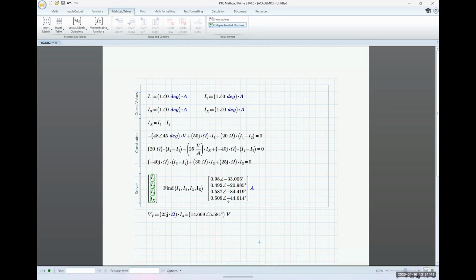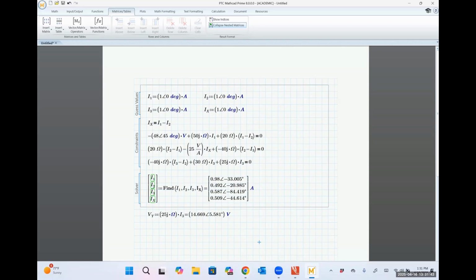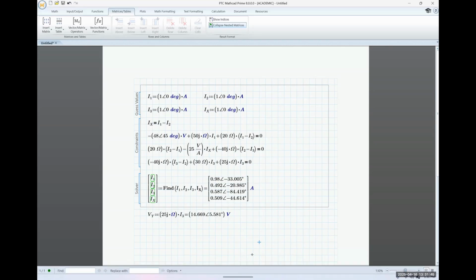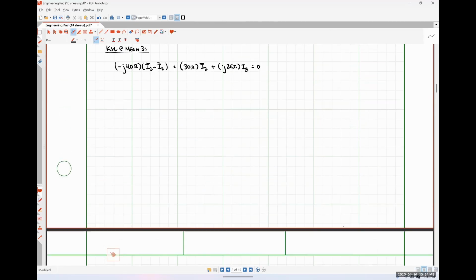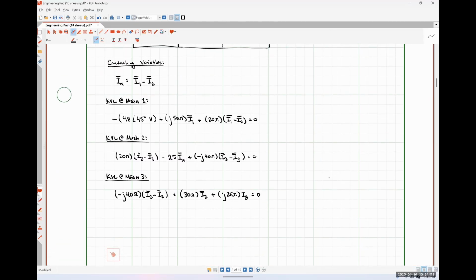So 0.509 angle negative 44.614. 0.509. Oh man, I can't remember a thing.